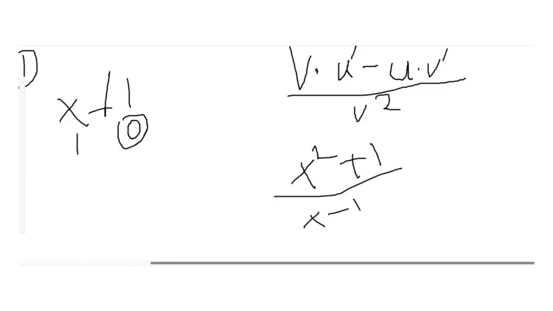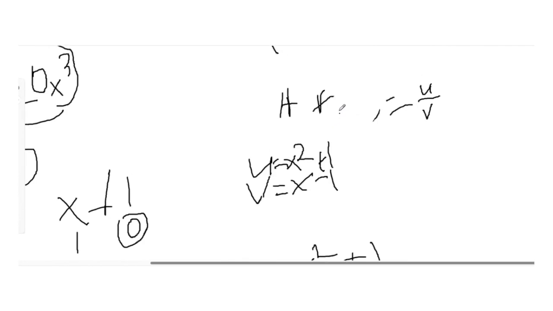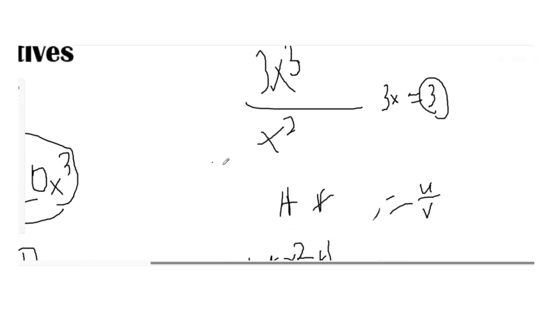So first, let's try to recognize our u and v. So in this example, our u is x squared plus 1, and our v, which is a denominator, is x minus 1. Okay, so now let's apply the quotient rule.